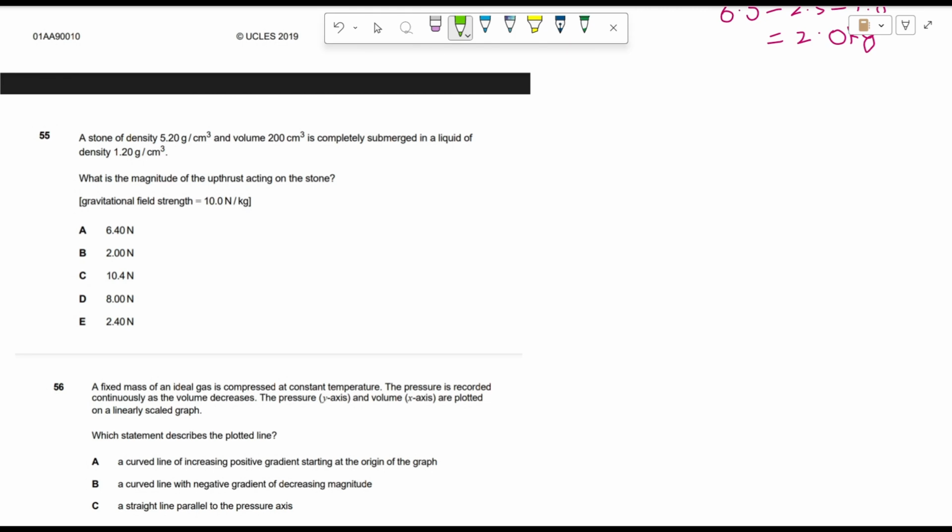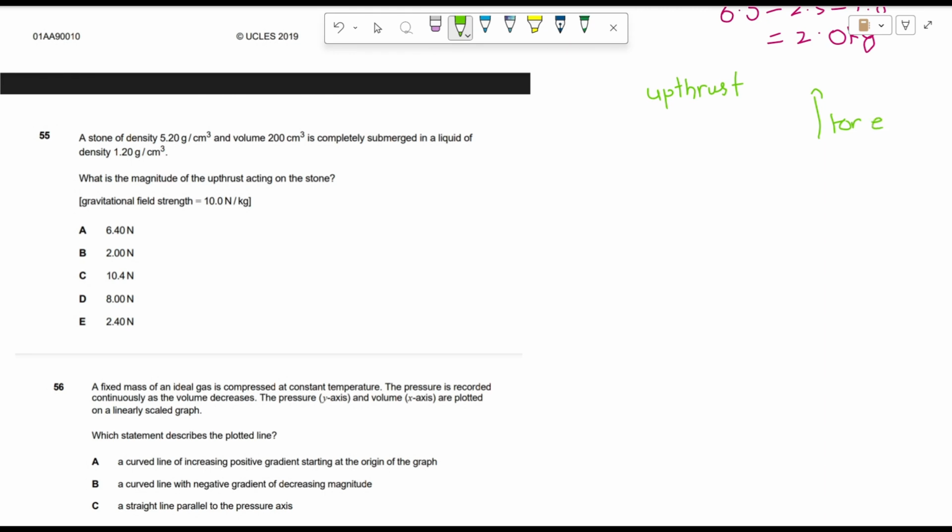Now see, what is upthrust? Upthrust is the upward force exerted by a liquid on an object.